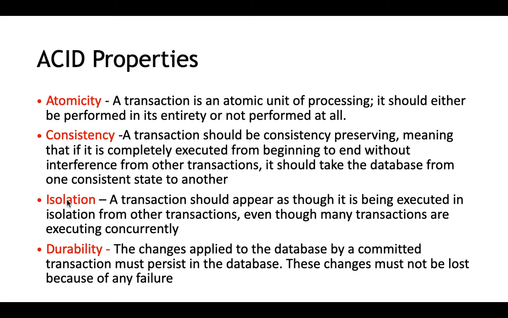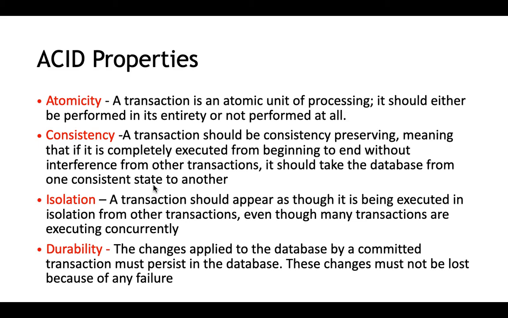Consistency and isolation are somewhat similar. Consistency means a transaction should be consistency preserving, which means if it is completely executed from beginning to end without interference from other transactions, it should take the database from one consistent state to another. Say you are trying to transfer 1000 rupees from one account to another.